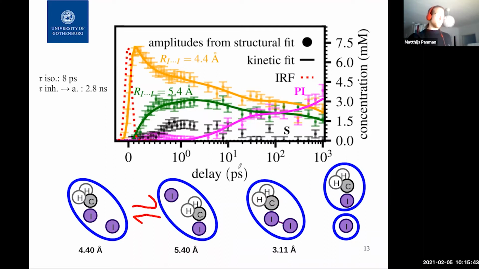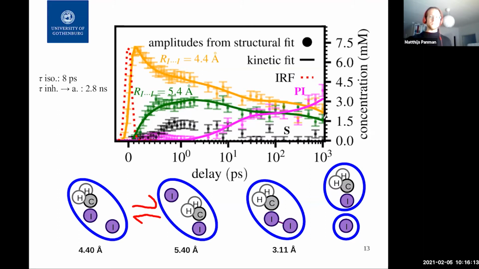What we also found was that it was a bit difficult to incorporate the solvent-separated species in the kinetic model, because their amplitudes were a bit too low. The most surprising finding was that the geminate pair lasts for a very long time.